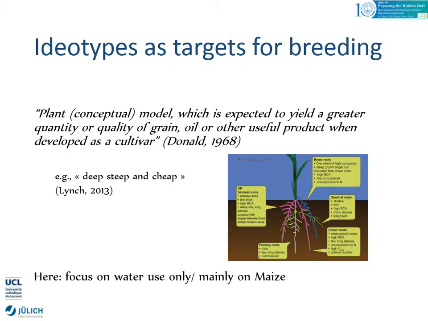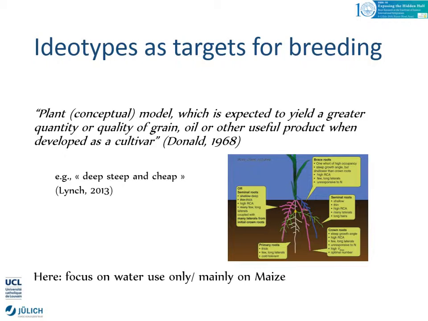Ideotypes. So ideotypes is an old concept, 50 years old, and Donald defined it like a plant conceptual model which is expected to yield a greater quantity of grain, oil, or other useful product when developed as a cultivar. So the idea behind ideotypes is to have a conceptual view about combinations of root traits which would improve tolerance to drought stress, for instance.